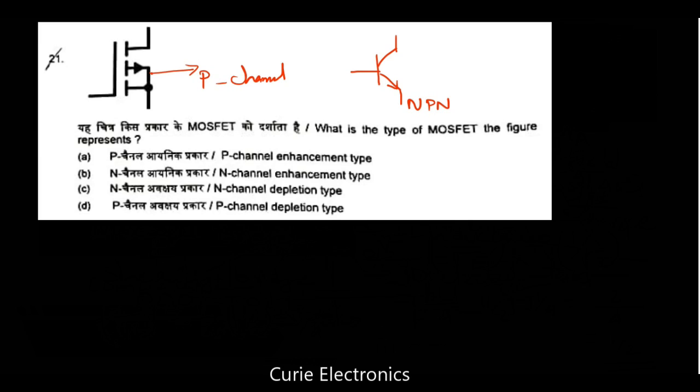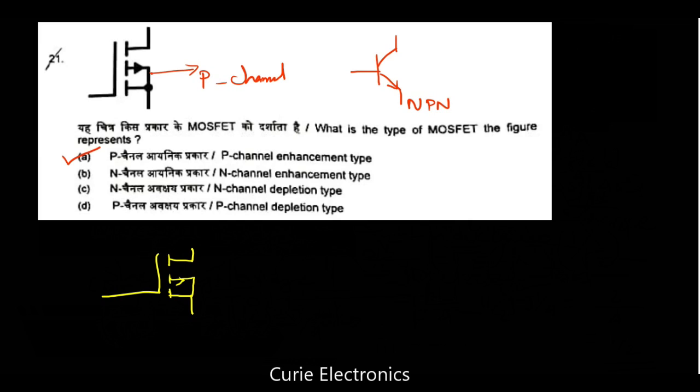But whether it is depletion mode or enhancement mode: when you draw the symbol, if there is a break between the lines, then it is enhancement. Option A is the right answer.